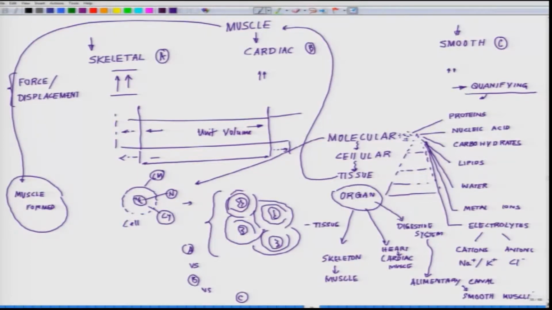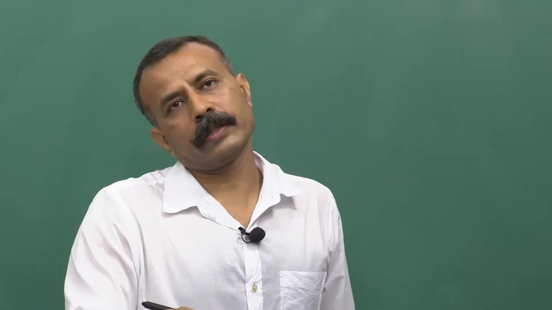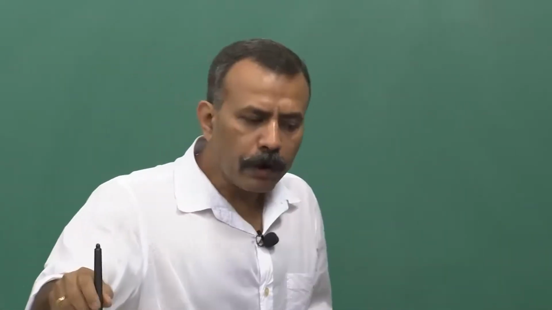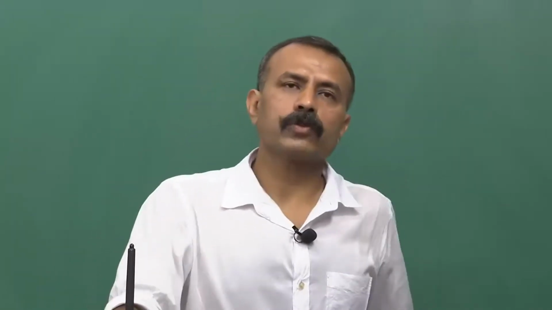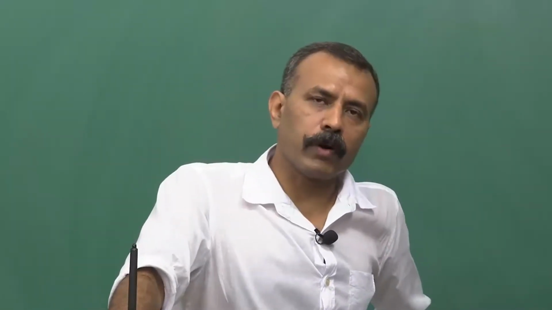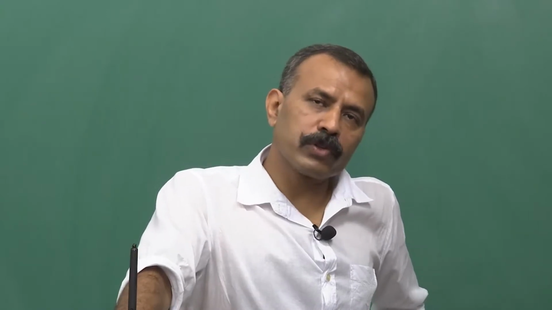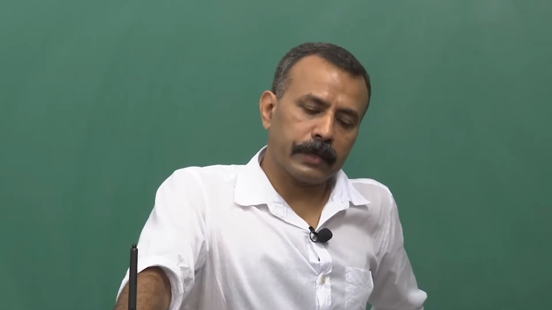So, you see, from the organ we went back to the tissue level, and now we wanted to understand the cellular and the molecular players who are orchestrating this different force generation. Okay. So, in order to understand, as I am telling you, one has to understand how these different muscles are formed and what are those molecular players and how this force generation is being dictated.